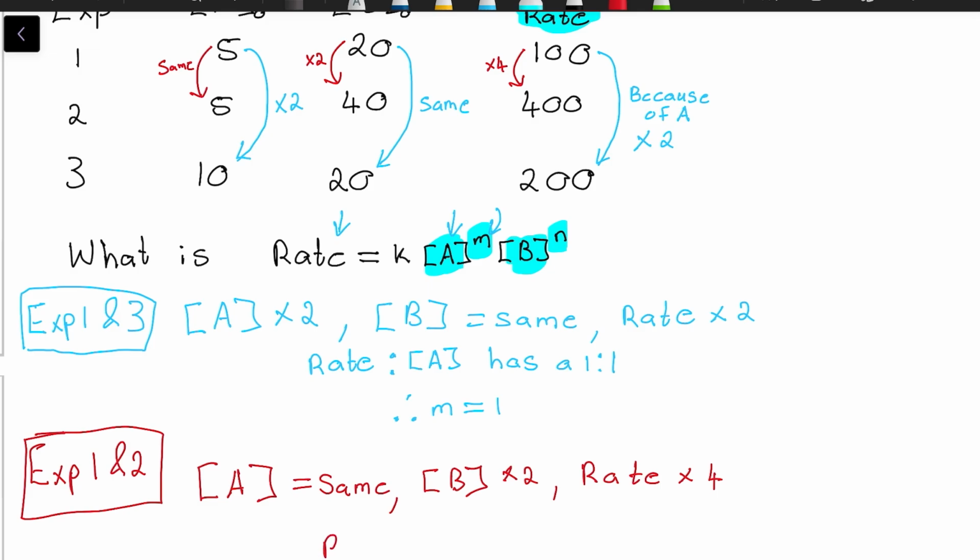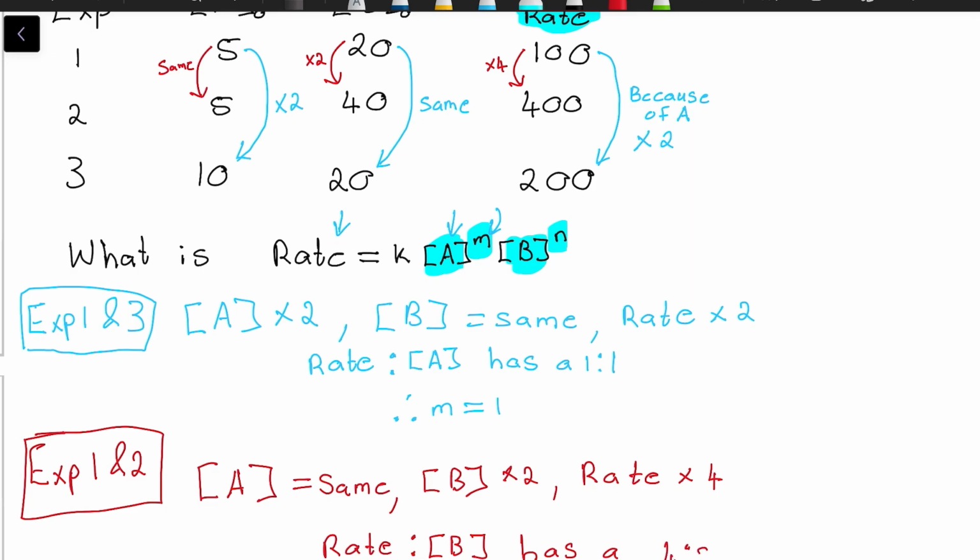So that means that the rate and B have a what-to-what relationship. You can write it as a 2-to-4 relationship, but it's the other way around.